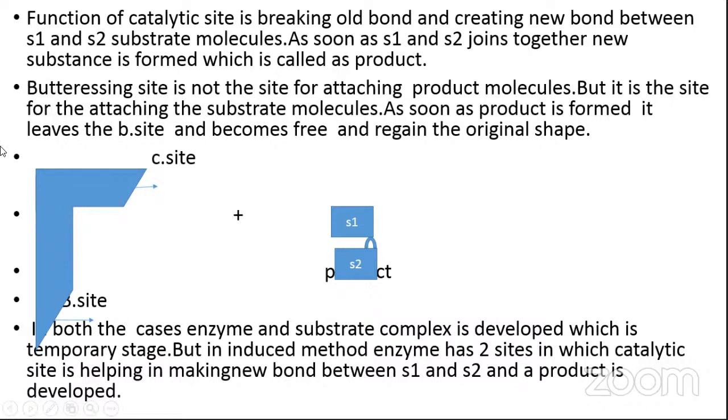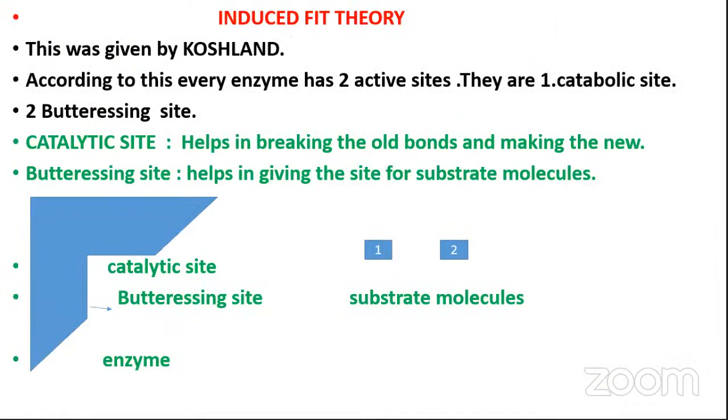So here what we have to understand is, in induced fit theory there are two types of active sites. One is the catalytic site and the other one is the buttressing site. The catalytic site helps in creating new bonds or breaking up bonds between the substrate molecules.